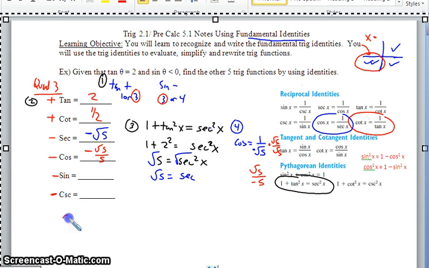Alright, the next thing I need to do is figure out how I can find sine and cosecant now that I know four identities. So I want to try to find an identity that has sine in it, and that also has either a cosine, secant, tangent, or cotangent. Well, I know that this identity right here, sine squared is equal to 1 minus the cosine squared. So I'm going to choose to use that one next.